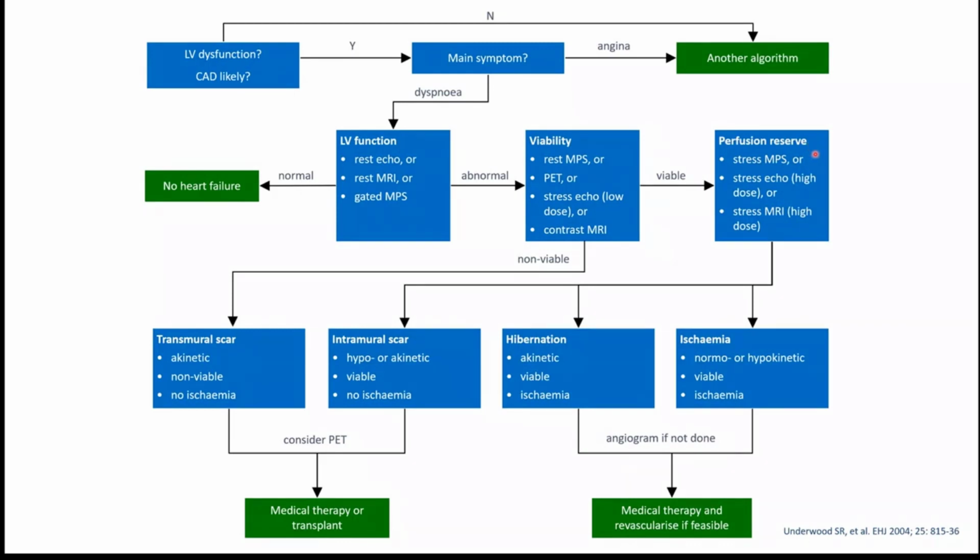I'd like to suggest that the nuclear technique has advantages over the other techniques, but no doubt we'll come to that in discussion, because if you do all of that, then you filter the patients or the myocardium down into the various different types, transmural scar, etc., and then you can decide on your appropriate management.